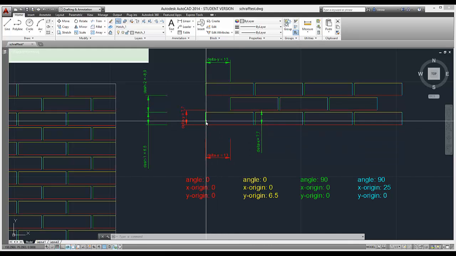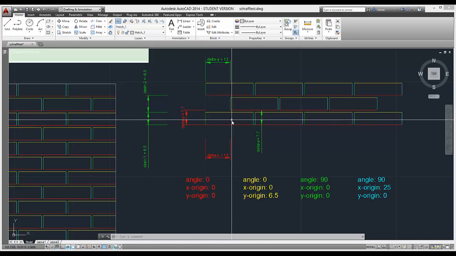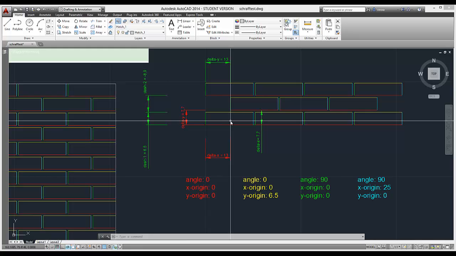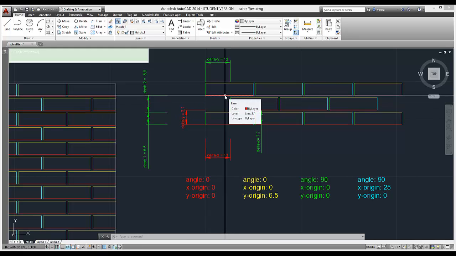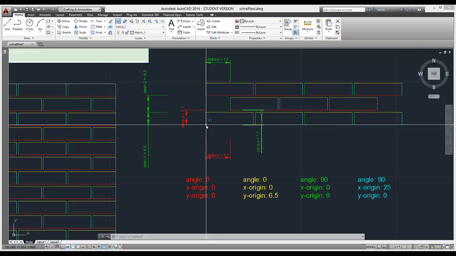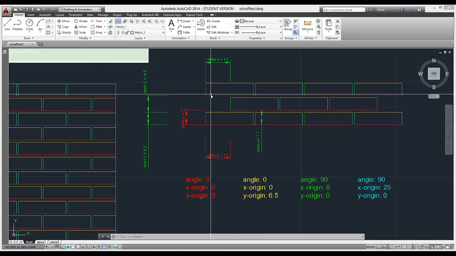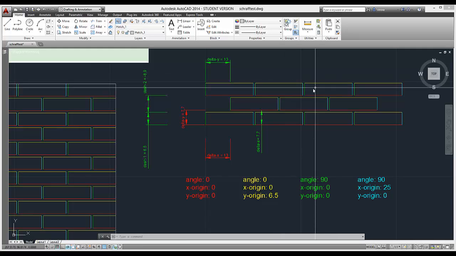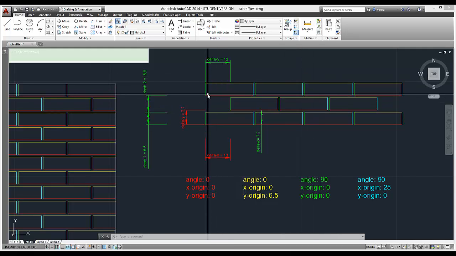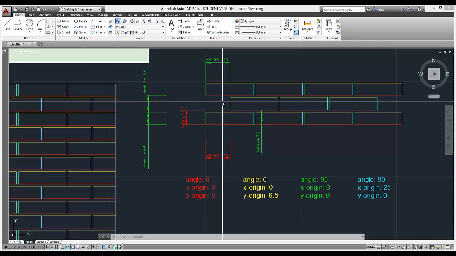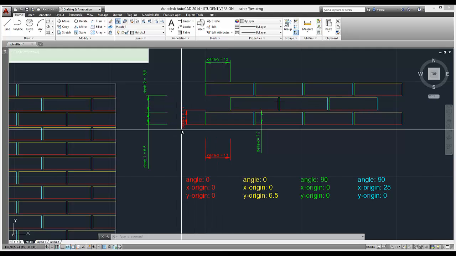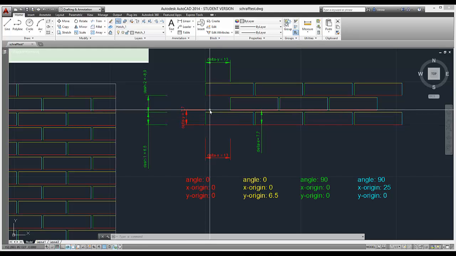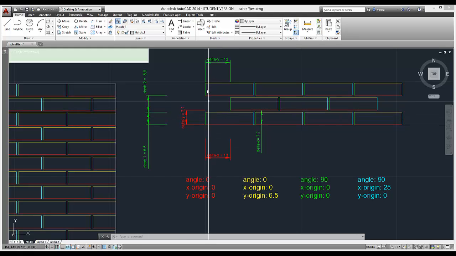In this case it's 13, so that's this distance, and because the hatch pattern is multiplied infinitely, the next line again looks basically the same as this one, but it's actually moved another 13 to the right, so it starts off again at the same point. And the delta y value is simply the distance between the single lines.